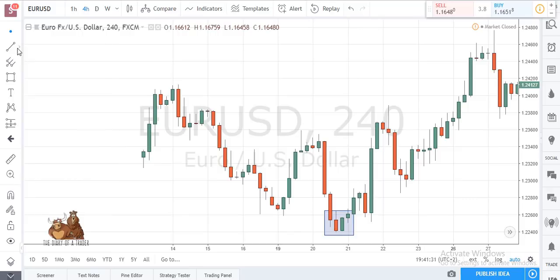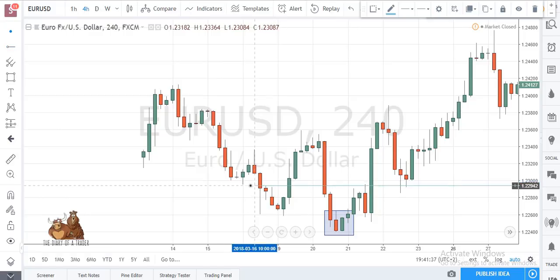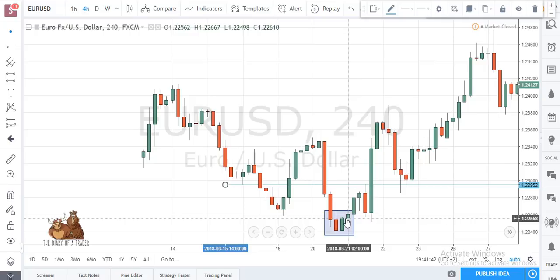For example, let's see this example. You can see that the price stopped here at this low. If you had entered here after the candle closed at 22.55 until 22.95, you could have had a 40 pip take profit, while your stop loss would be 20 pips. So a 2-to-1 risk reward is present in this particular trade.